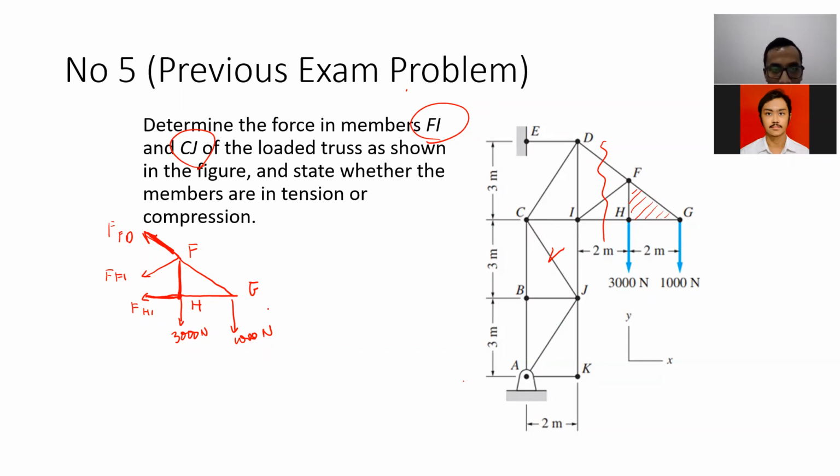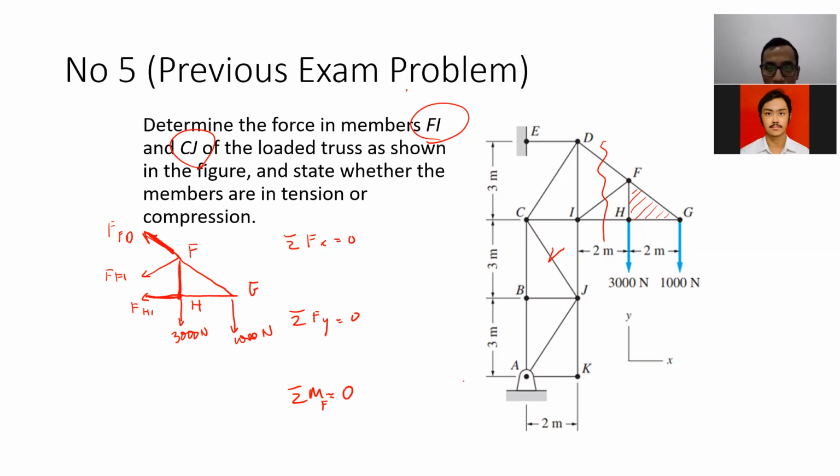Which one are we supposed to use first from our three equations? Can we use the sigma moment first? Sigma moment at point F. So we will solve for FHI, right?